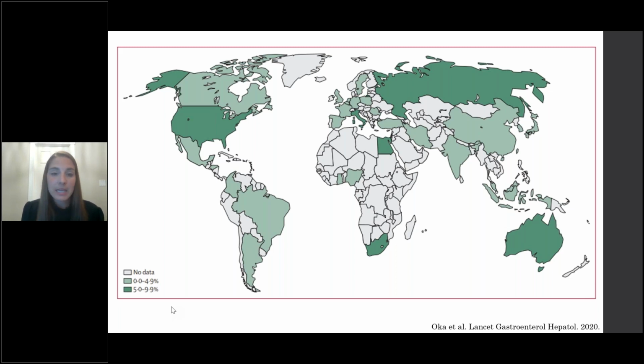So some studies that have been published over 10 years ago may be using Rome 2 or Rome 3 criteria and not the most up-to-date Rome criteria. So you might see prevalence rates as low as 5% worldwide, and some studies are showing over 10% of the world's population. So this is a lot of patients, right?